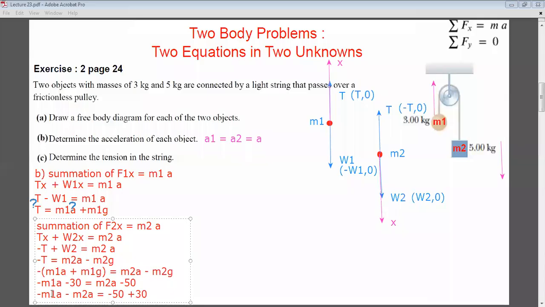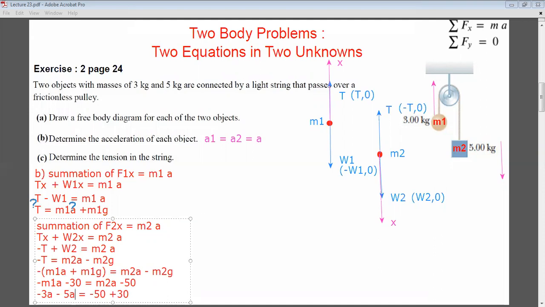Okay. Instead of m1, I will put its value 3. So minus 3a minus 5a is equal minus 50 plus 30.